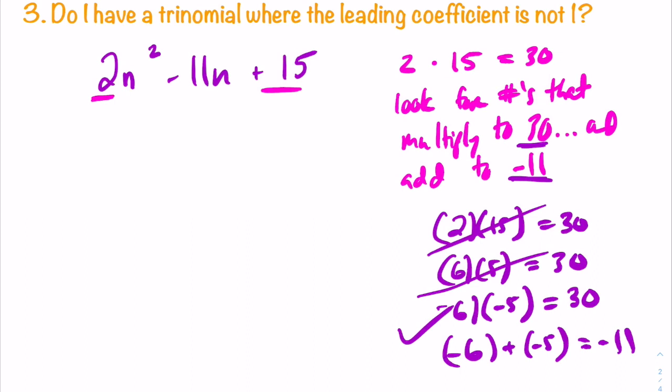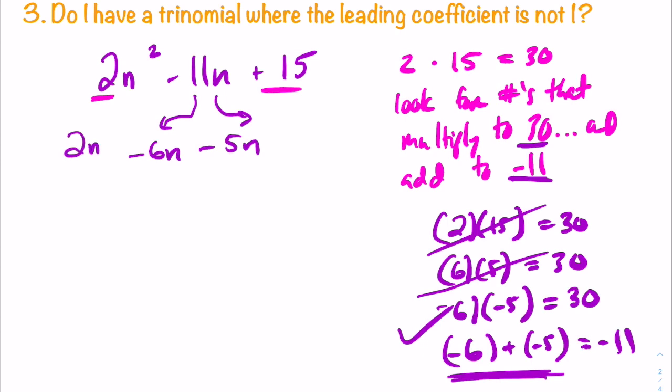So I'm going to take those, and what I'm going to do here is split up that middle term using the ones that I just found. So instead of negative 11n, I'm going to write negative 6n and negative 5n, because they were both negatives. And then I'm just going to take down the 2n squared, and the plus 15 comes down.